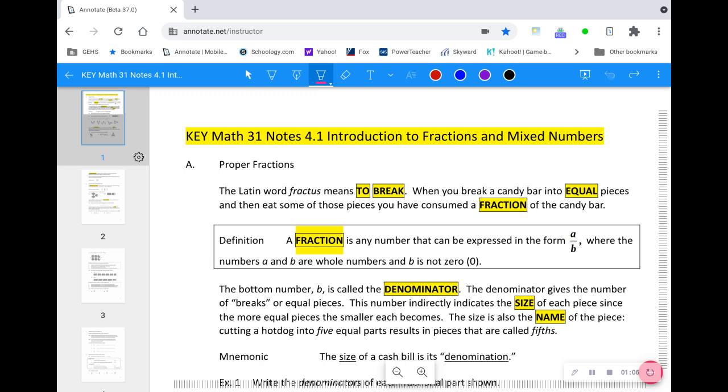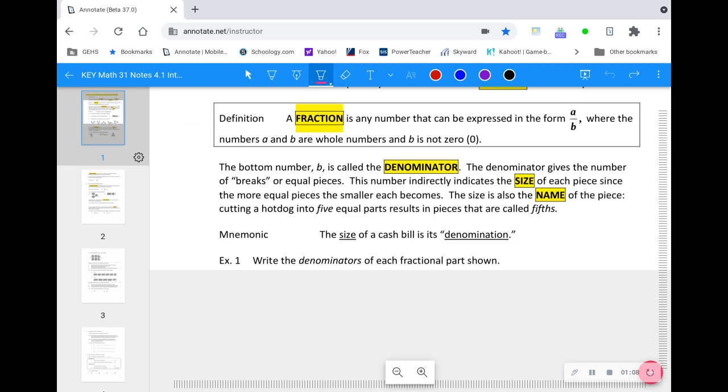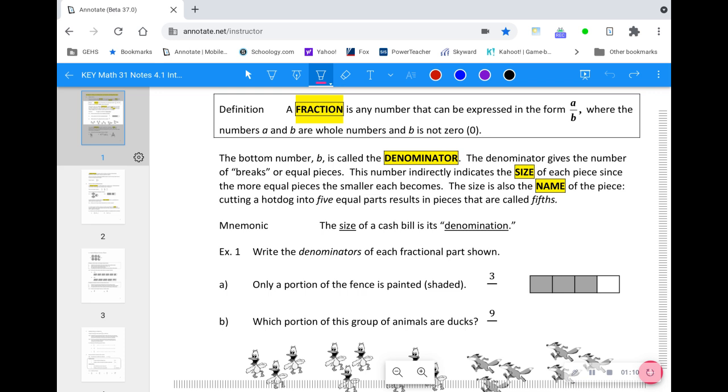So we're going to start with the role of the bottom one, the denominator. And the word denominator suggests either the size of the piece that you cut or the name of the piece that is based on that size. So for instance, if you cut a candy bar into 5 equal parts, or a hot dog in this case, then each of those 5 equal parts is called a fifth.